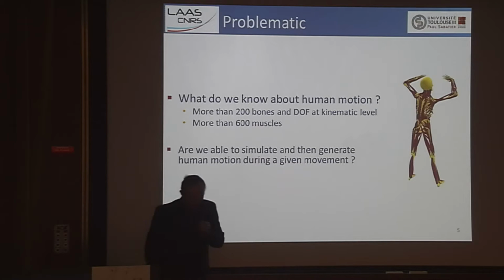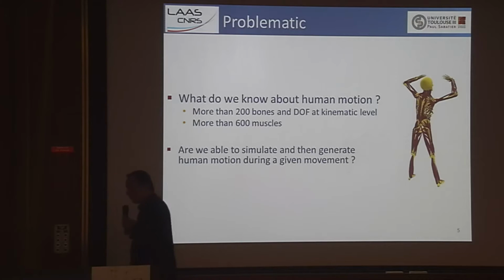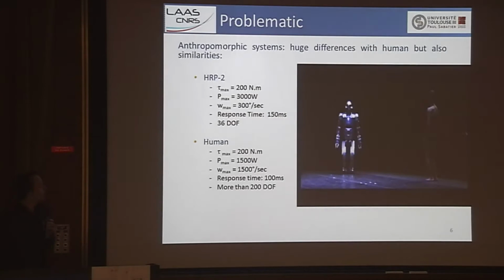So the brain, for a given motion, has to first select one trajectory, and on this trajectory has to select the muscles which will do the movement. So, simulate and generate need a model and an anthropomorphic system close to humans. If not, you will have very different behavior.